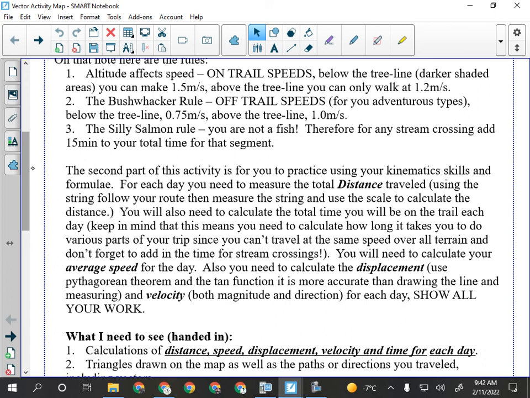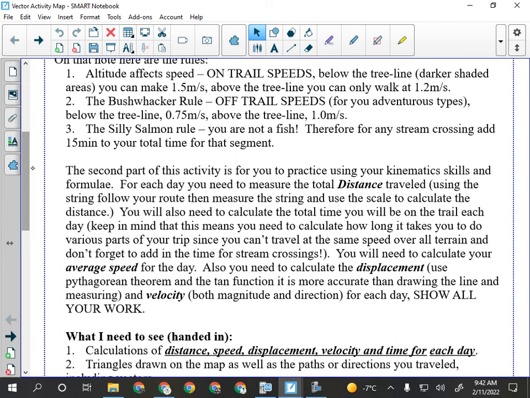Everybody with me there? So, second part of this activity is for you to practice your kinematic skills and formulas. For each day you'll need to measure the total distance traveled. You'll have to get the total displacement, the total time, average speed, and average velocity.